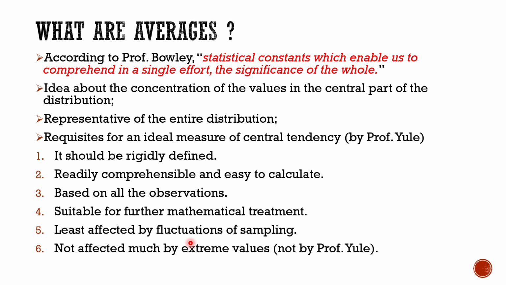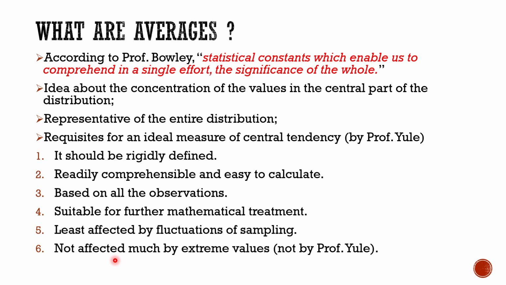Now the sixth but not the least, which is not given by Professor Yule, but is an important requisite for an ideal measure, is that it should not be affected much by extreme values. Extreme values are the minimum or the maximum values. If the calculations are based on all observations, the average may or may not be affected by the extreme values.